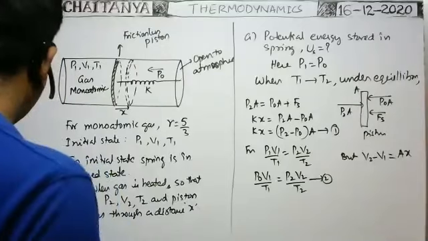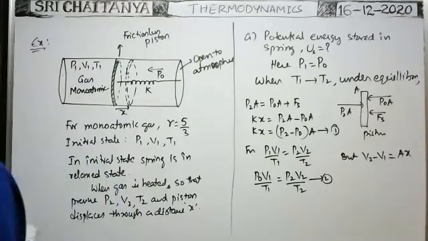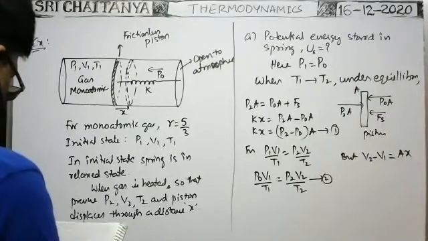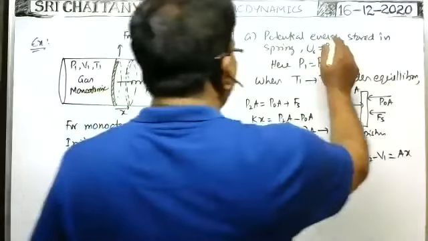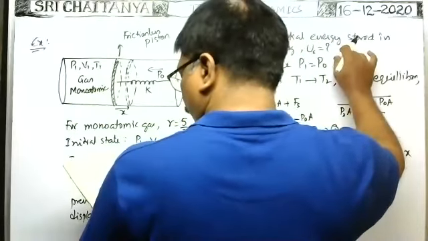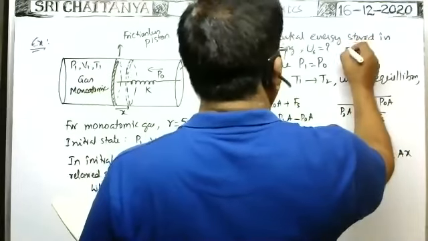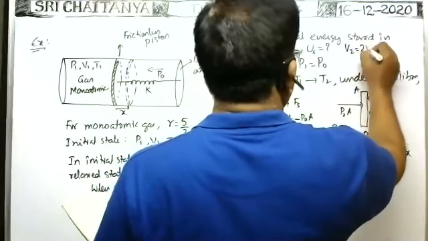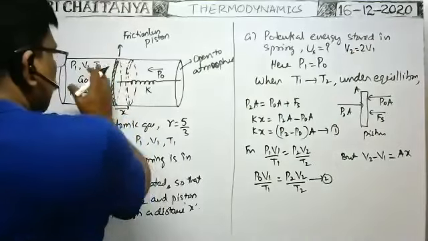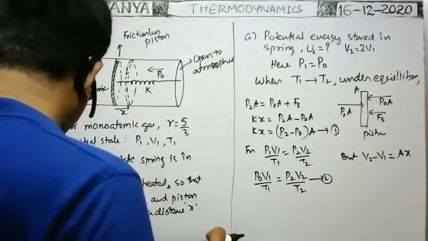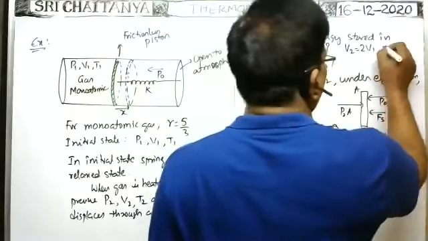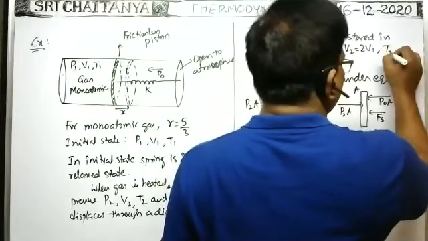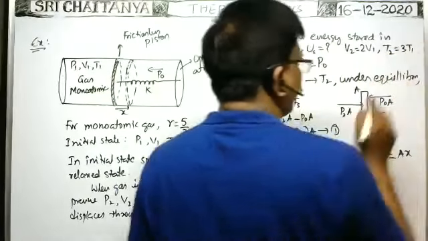P1 is equal to P0. Here, in this case, the energy stored in the spring is asked, and the volume becomes 2V1. If the volume becomes double, then the temperature becomes triple, that means 3T1.